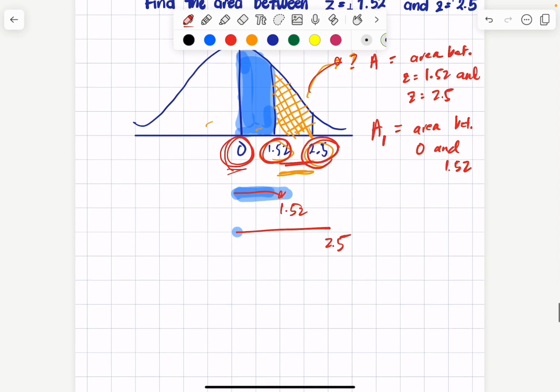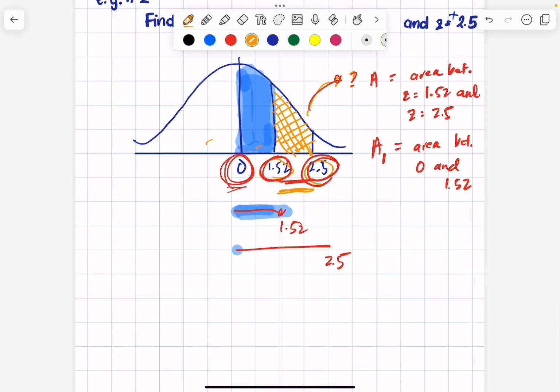Next na tong kinahanglan is kani siya nga area. Kani tanan nga area. Gikan ni 0 paingon ni 2.5. So let that be A sub 2, or your area between 0 and 2.5.